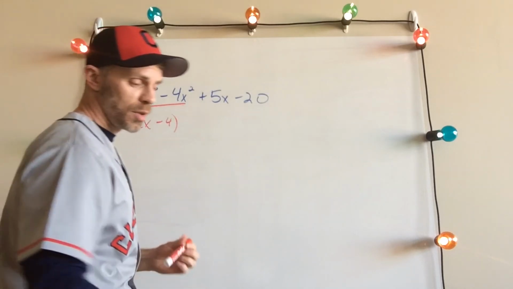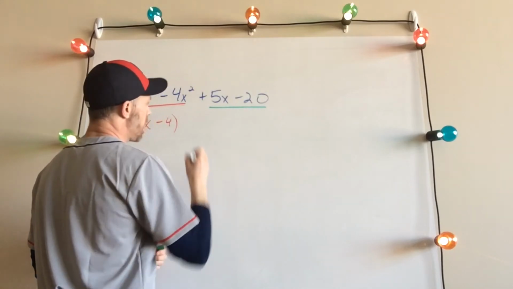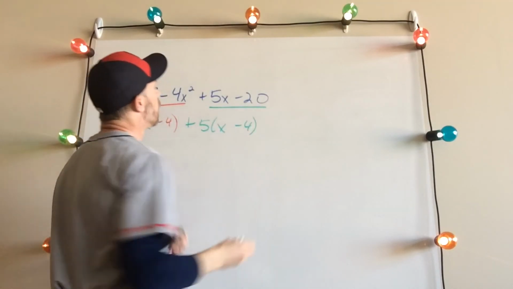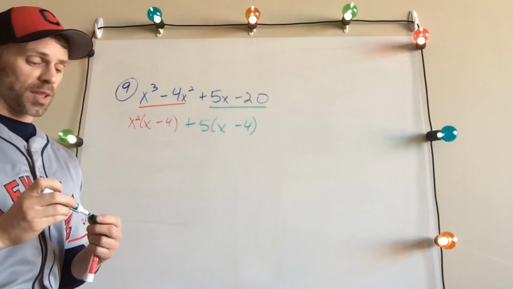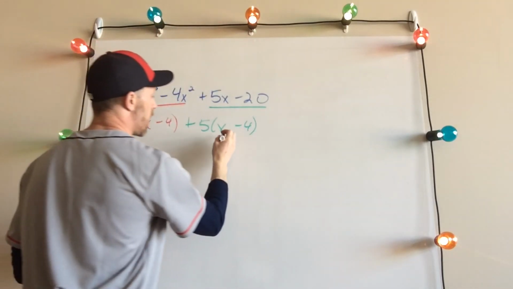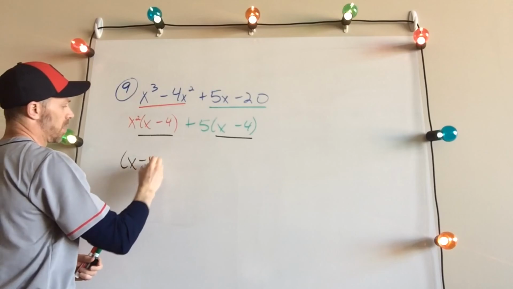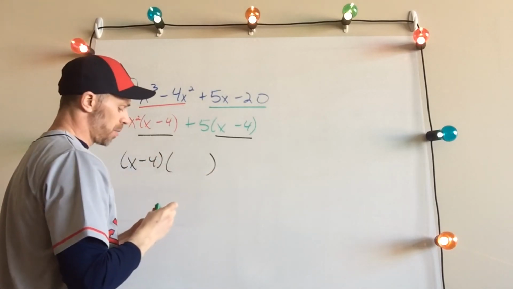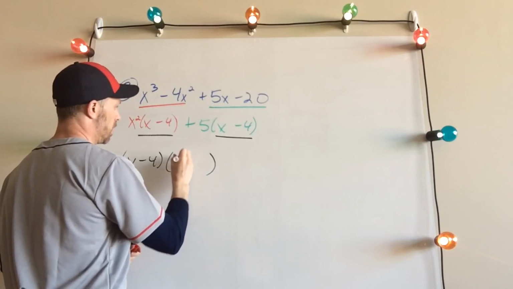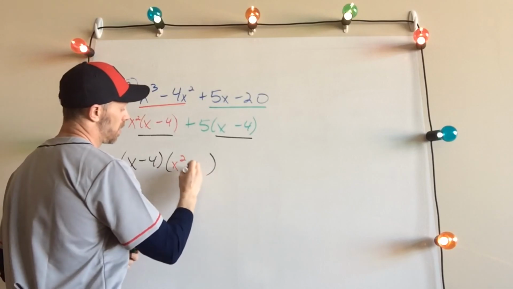And then our next 2 pieces have a 5. Okay, and then our 2 sets of parentheses are the same. And since our 2 sets of parentheses are the same, you can take that group all the way to the front. All right, leaving you with, in your other set of parentheses, x squared plus 5.